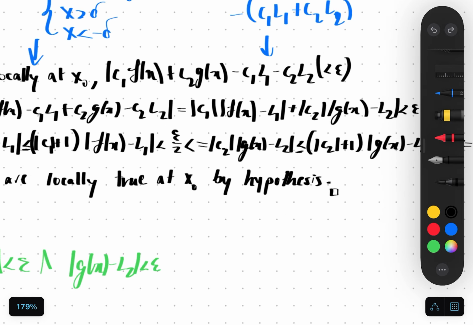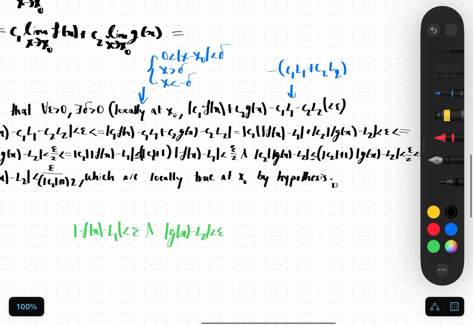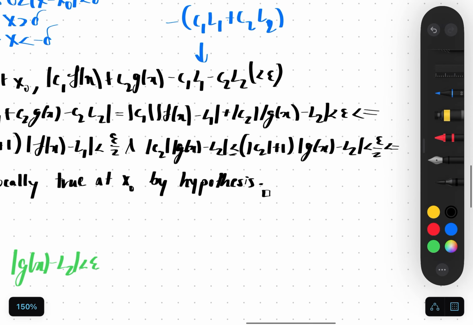Same thing with our other case right here. We also know that for C2 and g of x, the absolute value of C2 times the absolute value of g of x minus L2 is less than the absolute value of C2 plus 1 times the absolute value of g of x minus L2, which is less than epsilon over 2.